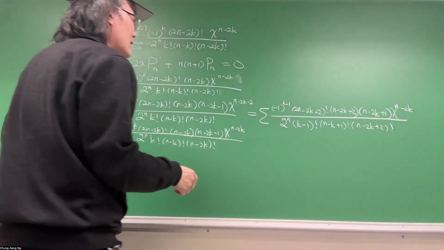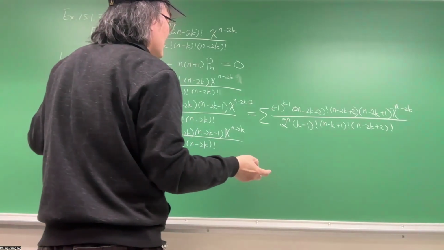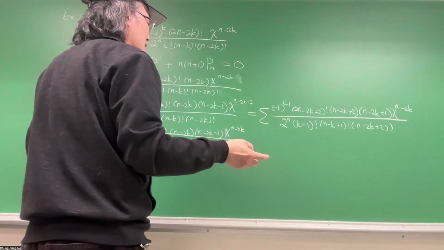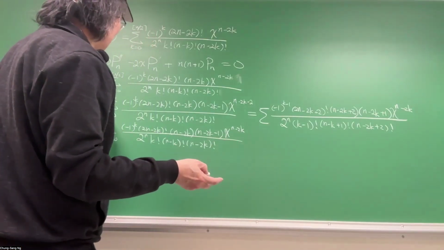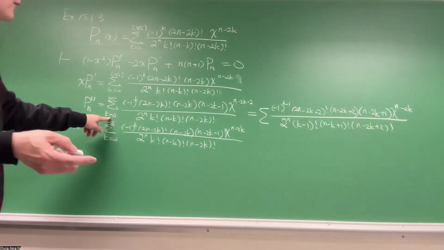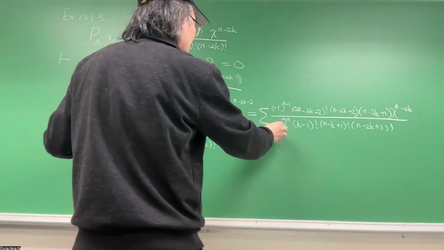So the old k is new k minus 1, so new k is k plus 1, right? So we start with original k, old k is from 0, so new k starts with 1.